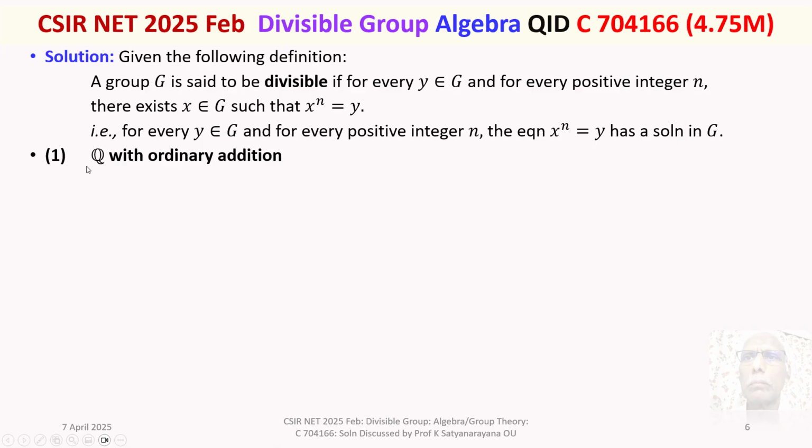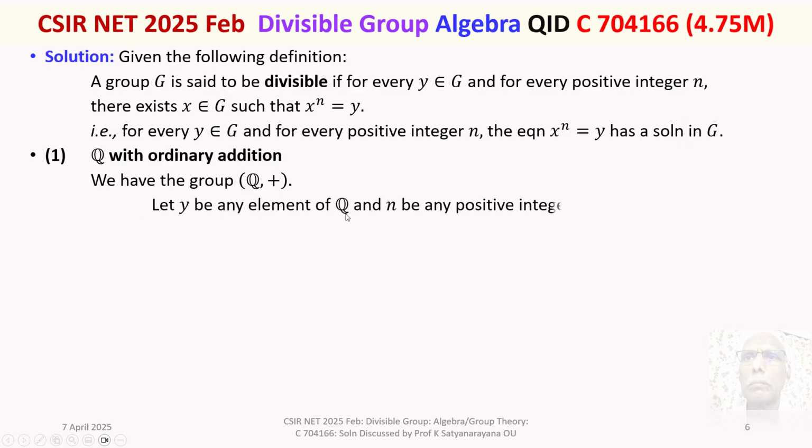Option 1, Q with ordinary addition. Q, the set of rational numbers under the usual addition, that is Q plus, is a group. Let y be any element of Q. Let n be any positive integer.